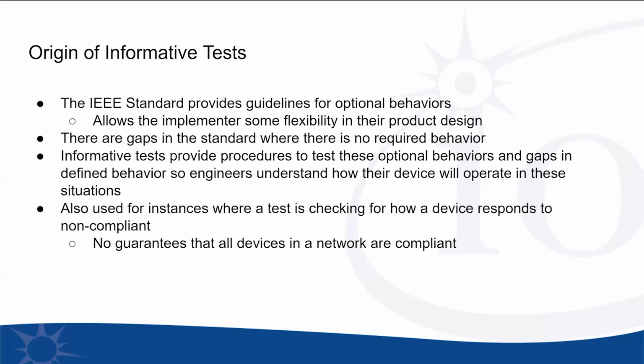So the informative tests really provide a procedure to test these optional behaviors or to test the gaps in between defined behaviors, so the engineers can understand how their devices will operate in these conditions.